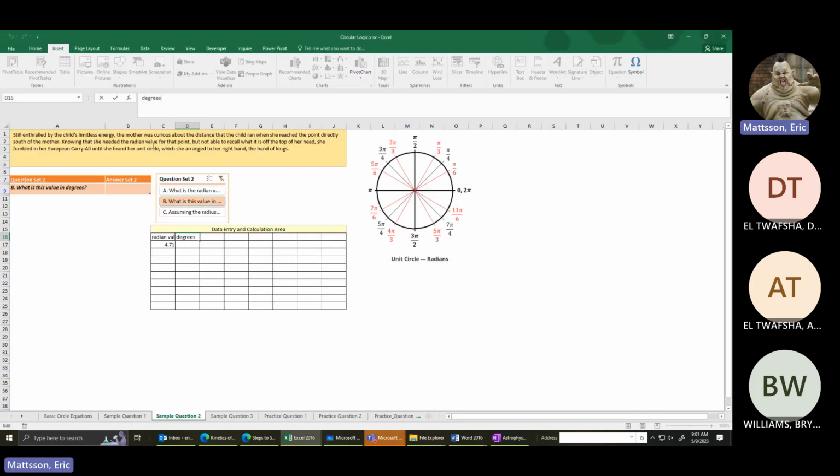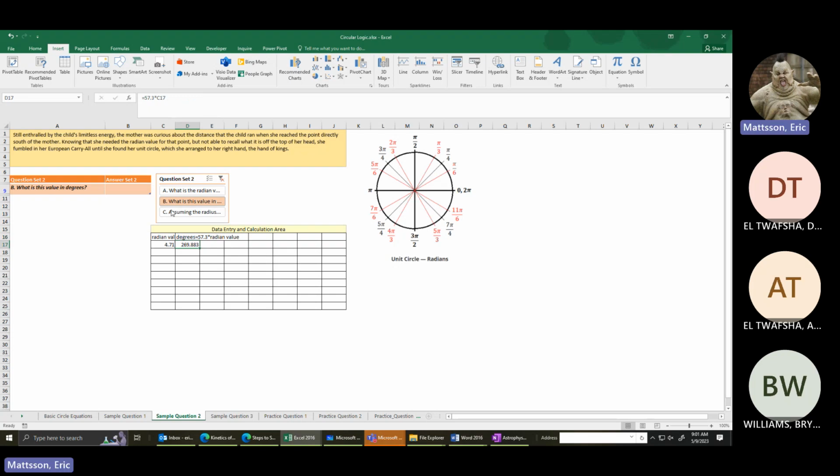So the degree value is equal to 57.3 times your radian value. Now you can put that in here again. It's an equal sign. We're going to take 57.3 times that value, and you see we get the same thing.